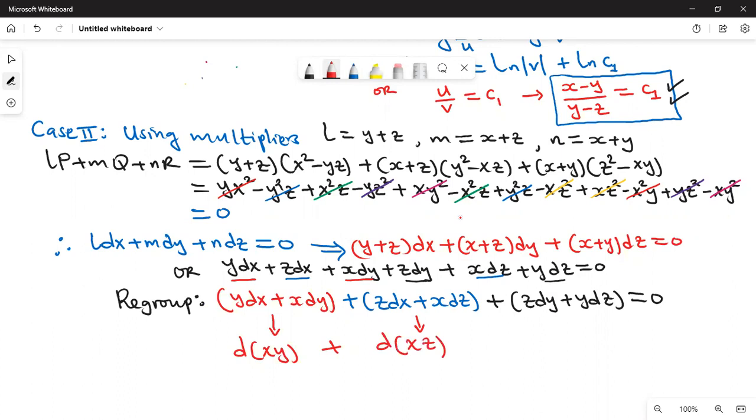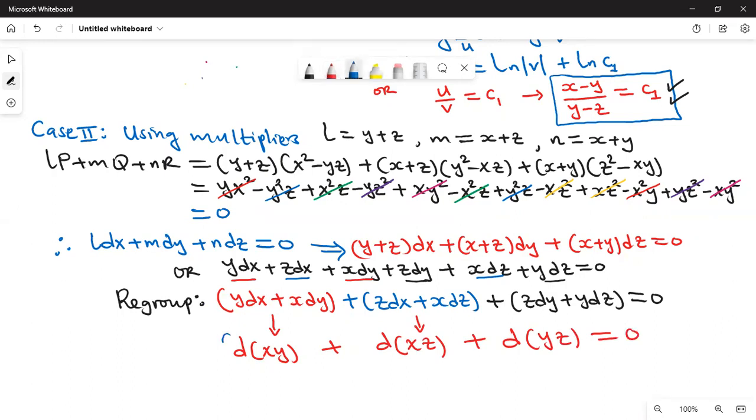Again, keep z constant, differentiate x, that is z dx, plus now keep x constant, differentiate z, that is x dz. And finally, the third term is derivative of yz, and that should give us 0 on the right hand side.